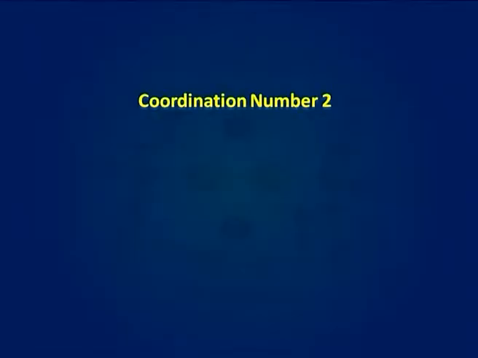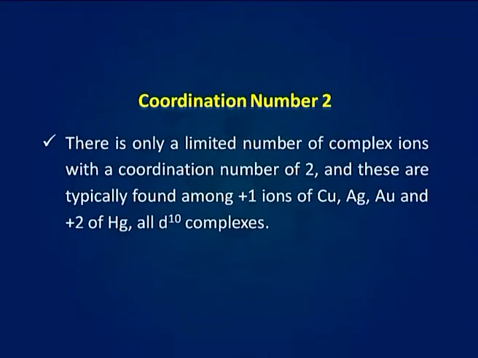We will now discuss the representative examples of the stereochemistries associated with each of the various coordination numbers. First, we are taking coordination number 2. There is only a limited number of complex ions with a coordination number of 2, and these are typically found among +1 ions of copper, silver and gold and +2 of mercury.